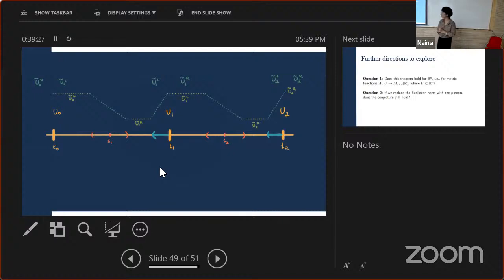And now we apply the original Bourgain-Tzafriri theorems at the points T0, T1, T2, and we obtain subspaces of some size that's already given by the bound and some constant. Now that we obtain these subspaces, we can apply the previous lemma that I showed.